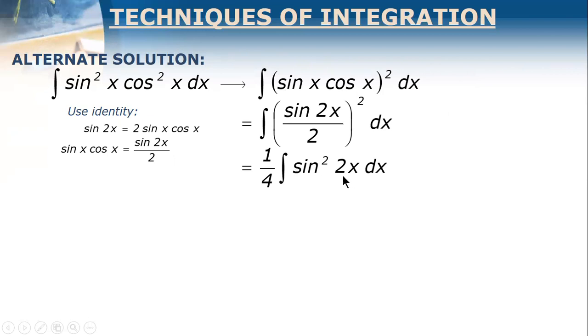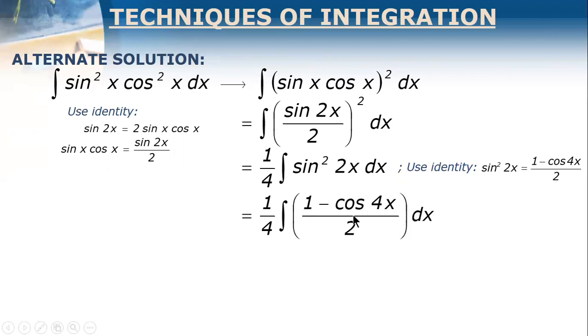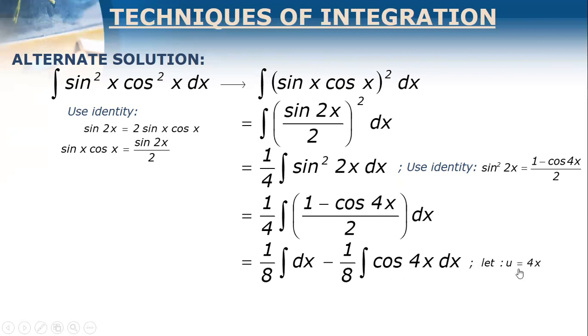And then replace this one by the identity for sine squared 2x. Sine is negative, right? And then separate like this one. And then basic lang. Let u equal to 4x.